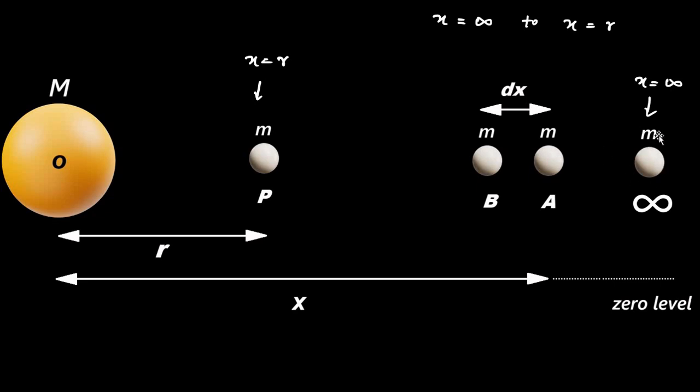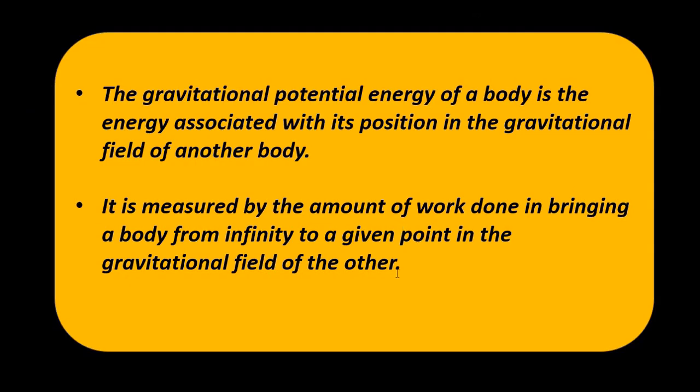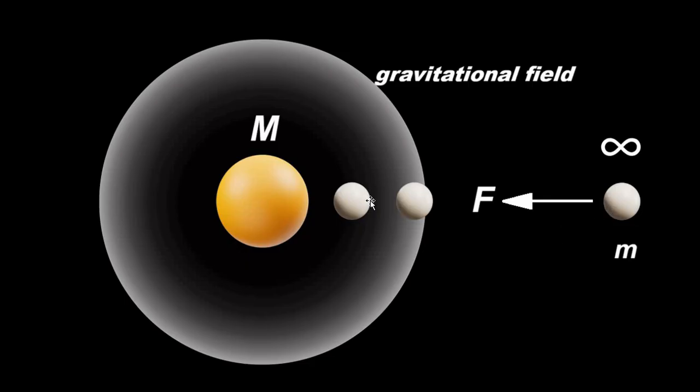So here gravitational potential energy is associated with this mass small m. It is measured by the amount of work done in bringing an object from infinity to a given point in the gravitational field of the other. This work done is by definition the gravitational potential energy from infinity to a certain point, the total work done.